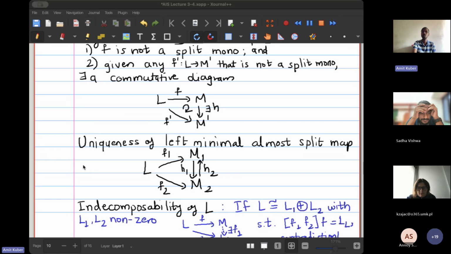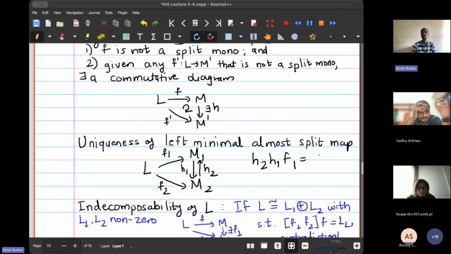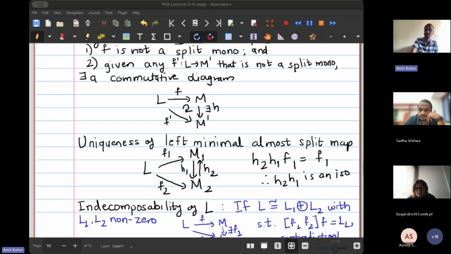Now you have endomorphisms. H2H1 is an endomorphism. What will happen with H2H1? H2H1F1 is equal to F1. Therefore, H2H1 is an isomorphism. Similarly, you can conclude that H1H2 is an isomorphism, and therefore they are inverses of each other.